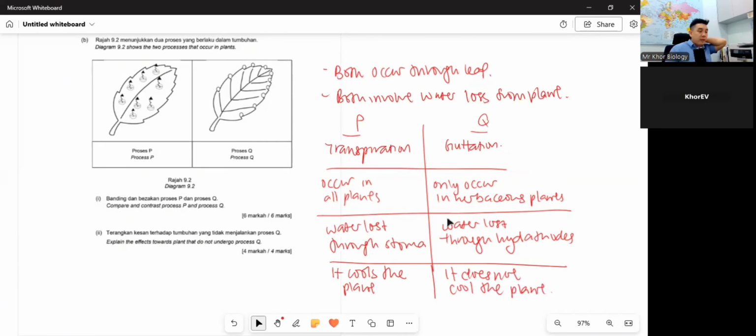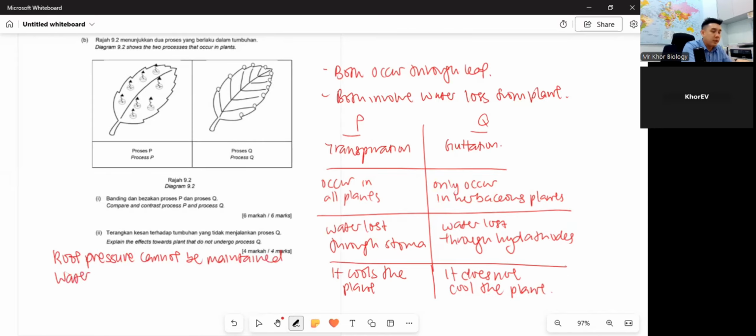All right, explain the effects towards plants that do not undergo Q. Meaning, what happens if they do not undergo Q. I think this is a little bit of a KBAT question. So guys, if plants do not undergo Q, we can say that root pressure cannot be maintained.